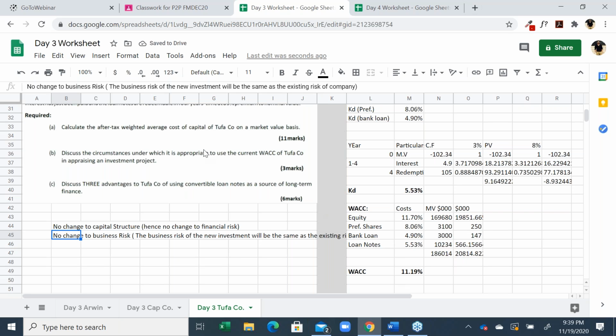These are the two circumstances that we have to assume in case of using the same or current working WACC of TUFA company. I hope it's clear. Is it clear?